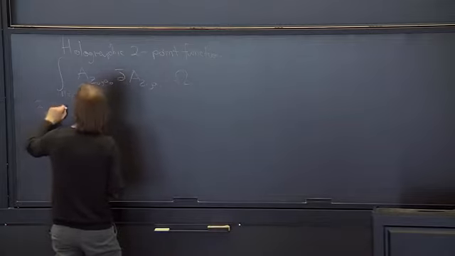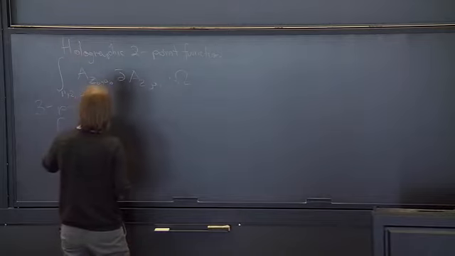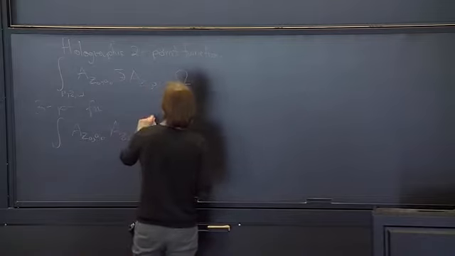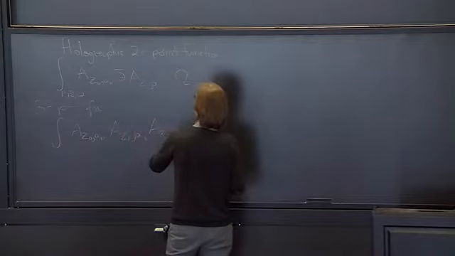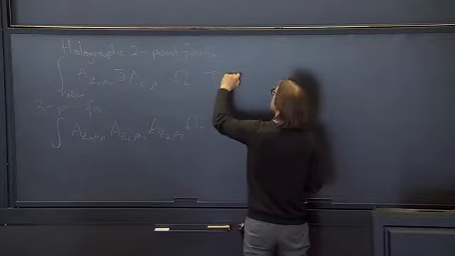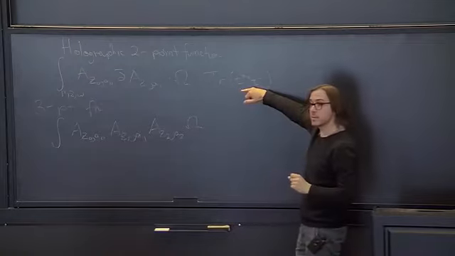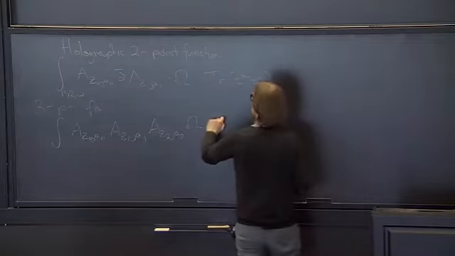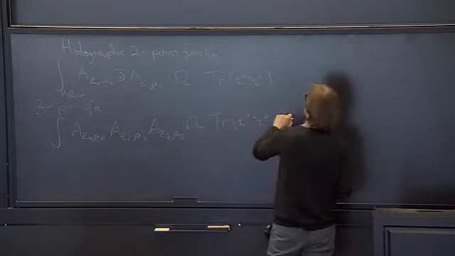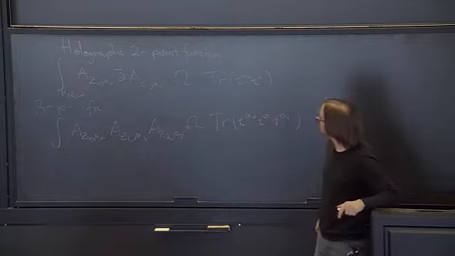And similarly, the 3-point function is the integral of A_{z0}, A0, A_{z1}, A1, A_{z2}, A2, times the holomorphic volume form, but of course I forgot to put here, we put the Killing form, the invariant pairing of the Lie algebra, and here we put the trace of the product of the Lie algebra elements. Okay.